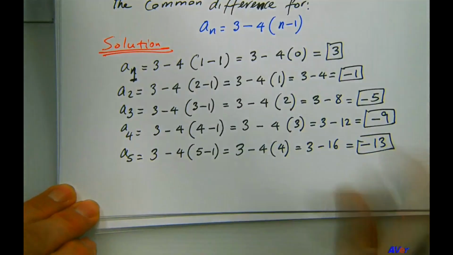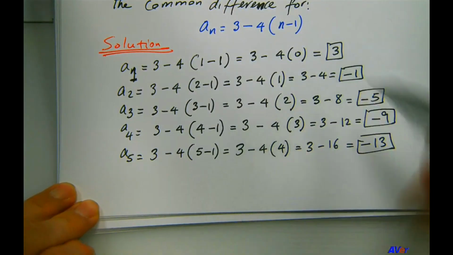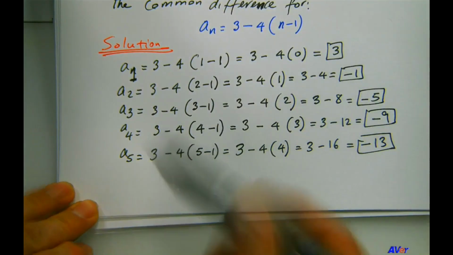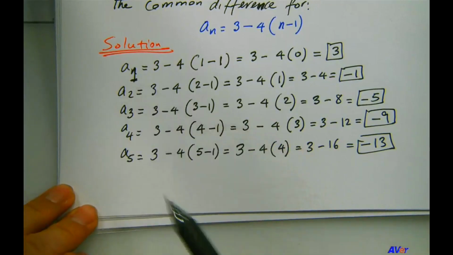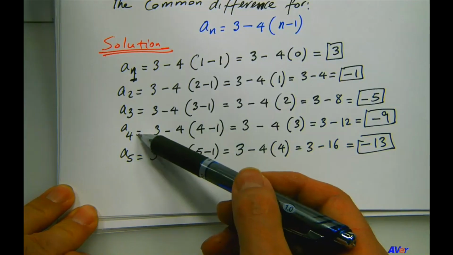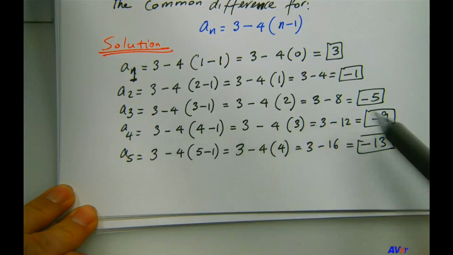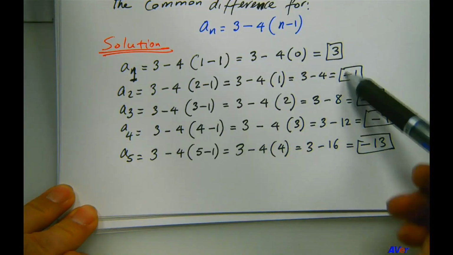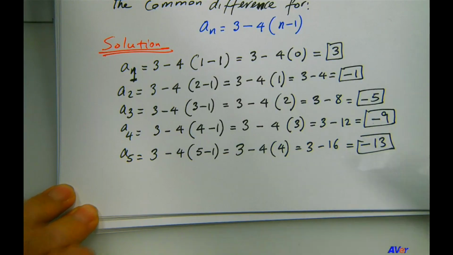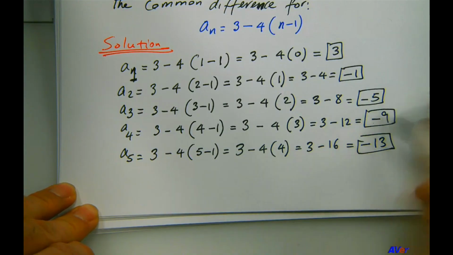And the common difference, you can take any of these consecutive numbers. It has to be consecutive. You can't find the common difference by finding the difference between the 4th digit and the 2nd digit. No. Any consecutive numbers you can use. Let's take these two.